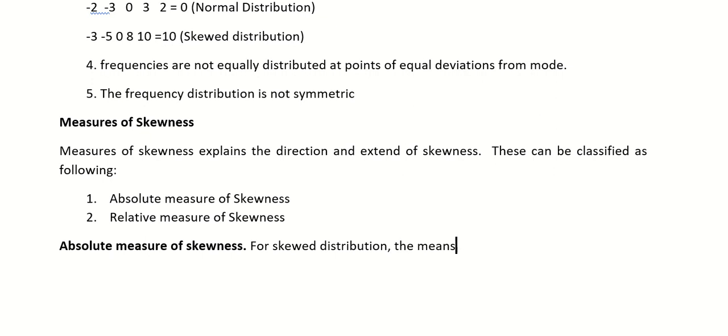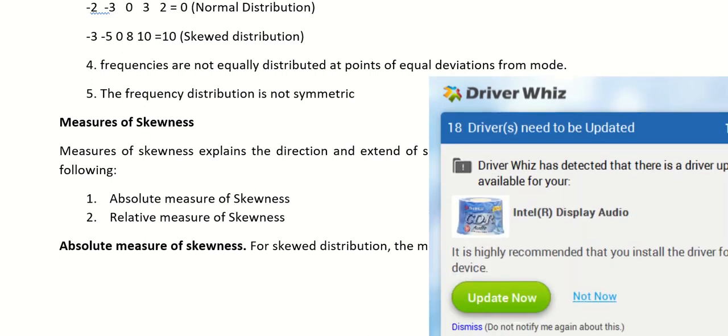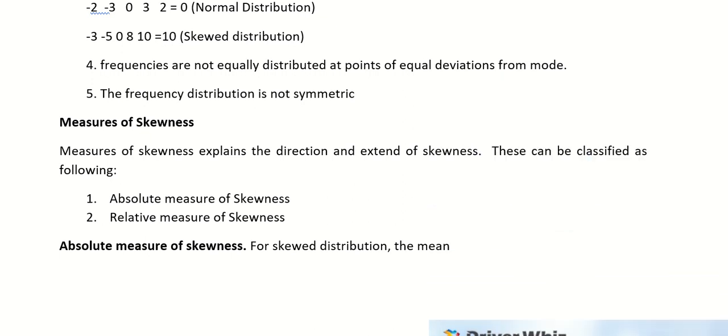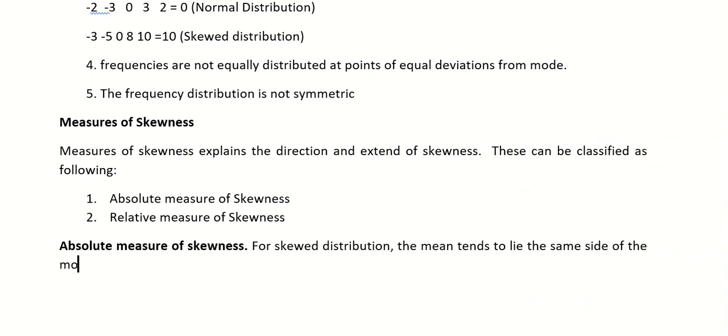For a skewed distribution, the mean tends to lie on the same side of the mode as the longer tail.